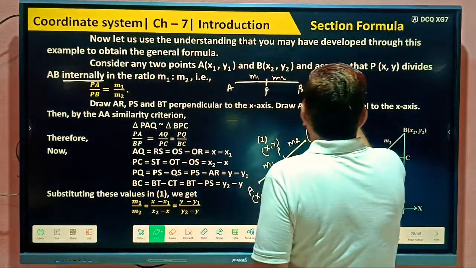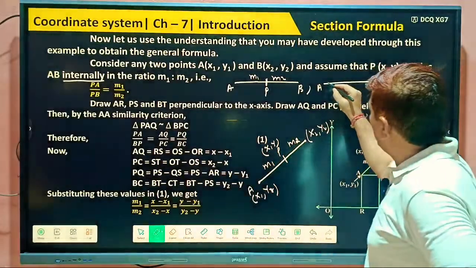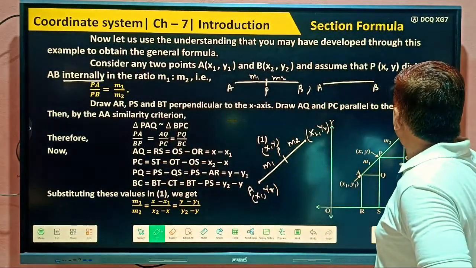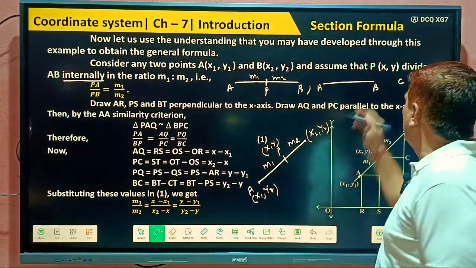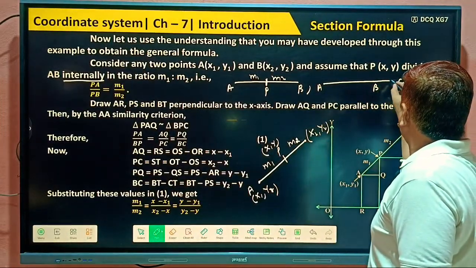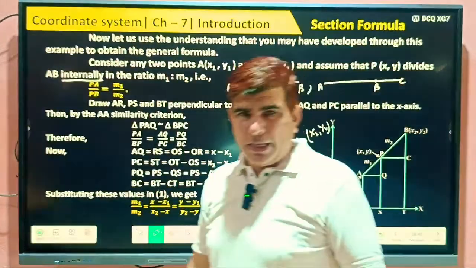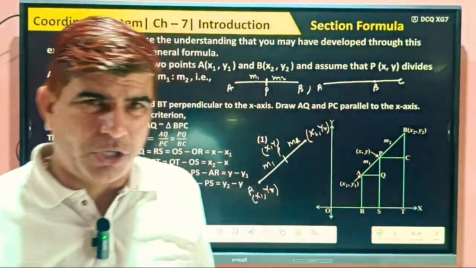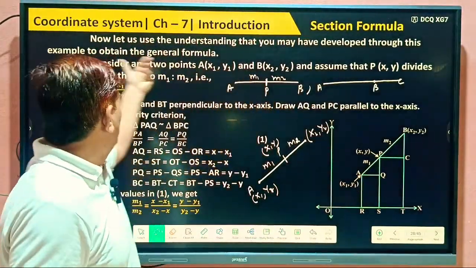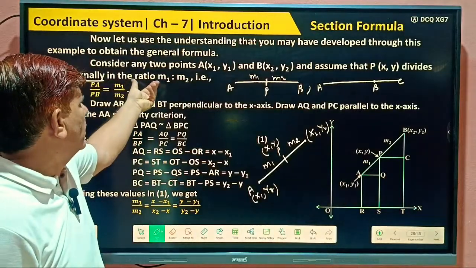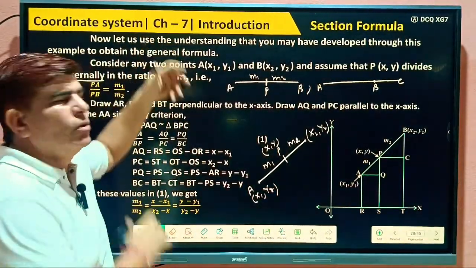And if A and B are the points and a point C lies outside this line segment, then this is called external division, which is not given in our syllabus. You have to understand internal division. That's why the word internally is written here, in the ratio m1 to m2.